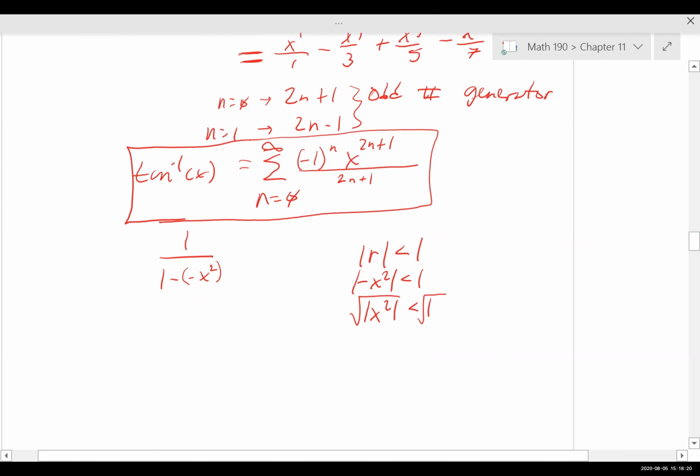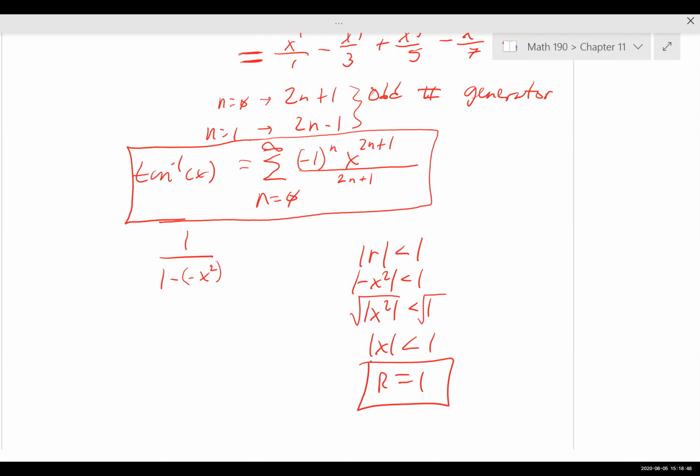If I square root the absolute value of an x squared, that's the same thing as the absolute value of x. I could just bring the squared outside the absolute value because it's not going to do anything. It's going to keep the same result. But this is 1, and so we get the same thing. R is equal to 1. The radius of convergence is 1. Okay, 1 is done.